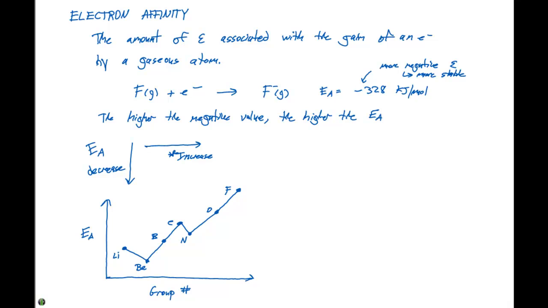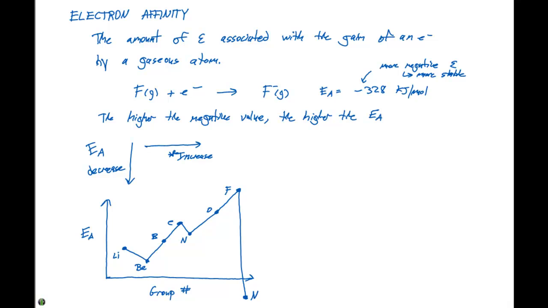And remember, each of these species is trying to achieve an octet, so it would like to get 8 electrons. To get 8 electrons, we need to take at least 1. Another thing with the noble gases here is that the noble gases don't want electrons at all.